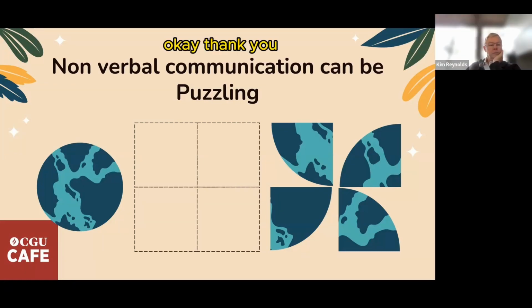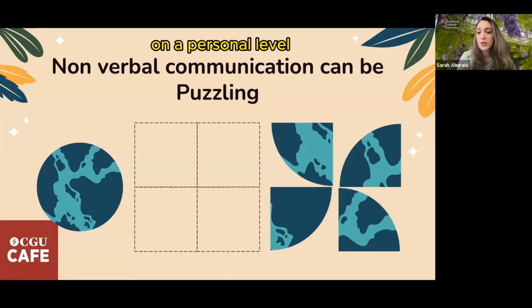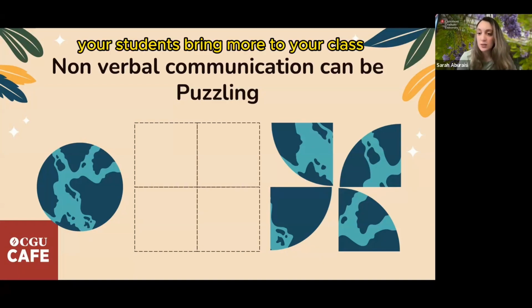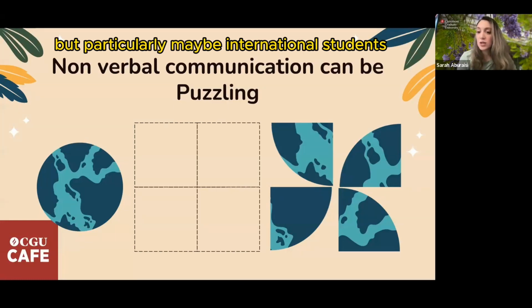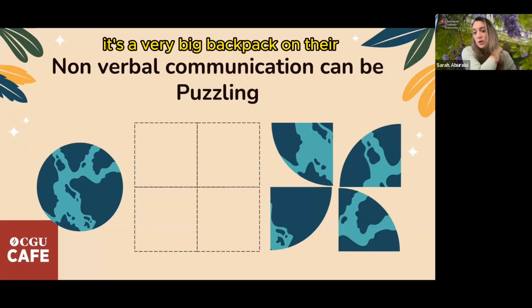Okay, thank you. I also believe when you start asking more on a personal level, how are you? Like, really, how are you? Your students bring more to your class. And that's not only international students, but particularly maybe international students because they have a very big backpack on their shoulders. They're carrying heavy things.